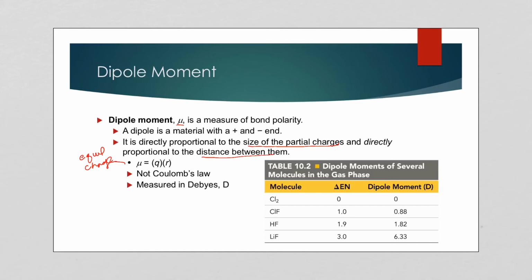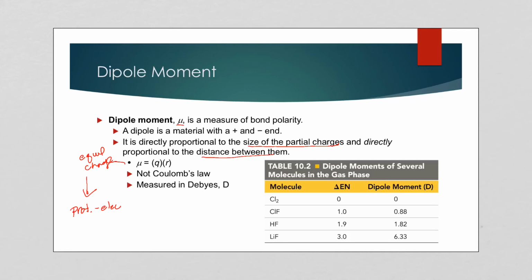So the book goes through this example where you look at the ideal dipole moment in an ionic bond where you get a proton and electron. So they're going to have the same charge but opposite, and you plug in a length for that bond.